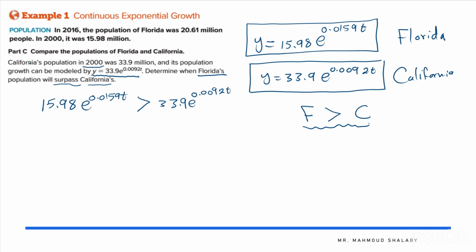How can I do this? First of all, if you remember, we will add ln to both sides. And remember, in this type of questions, we have multiply here, and we have multiply here as well.